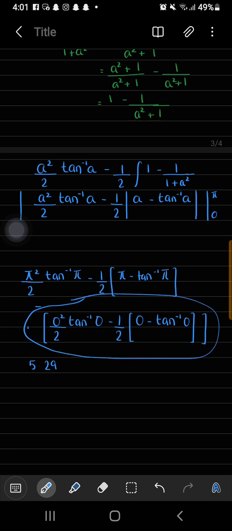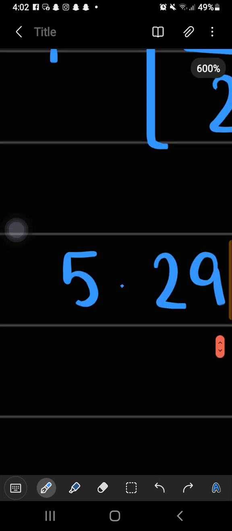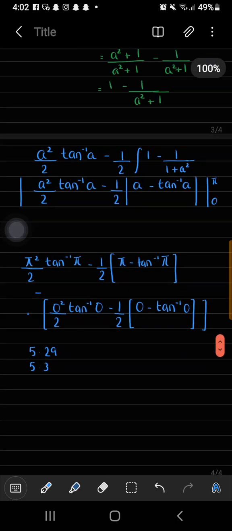Let me confirm it. Yeah, it is looking like 0. So we got 5.29, which we can write as 5.3. So this is our answer.